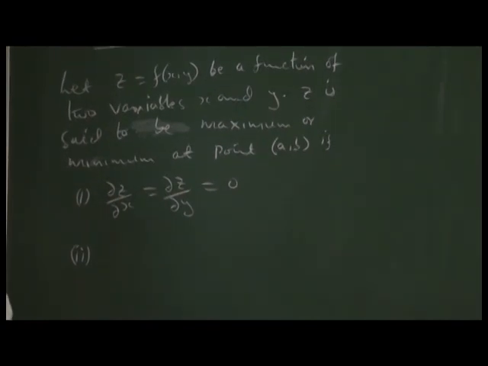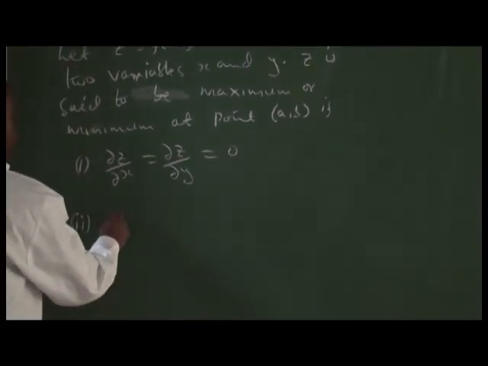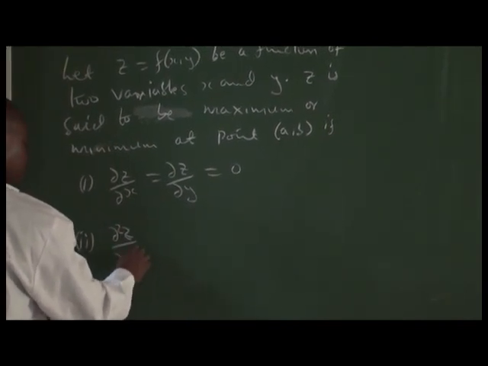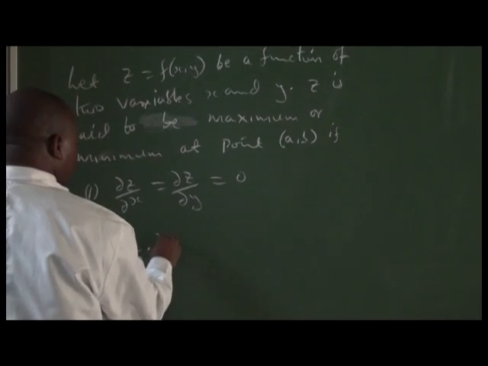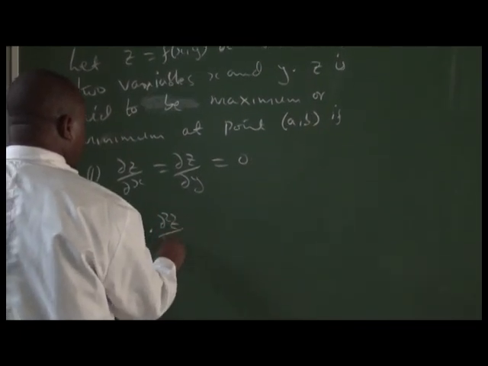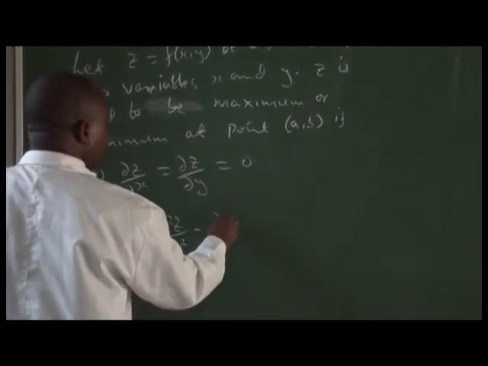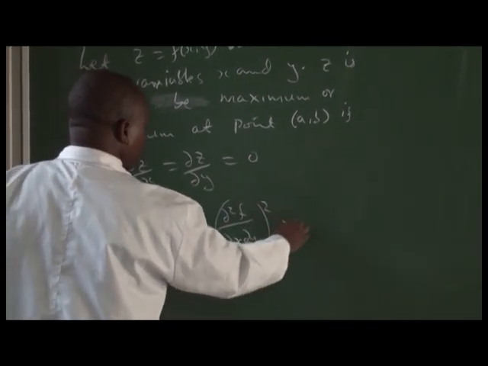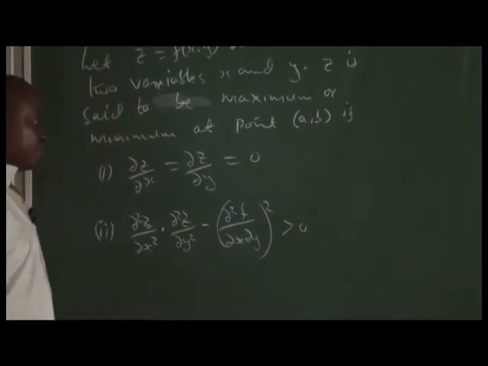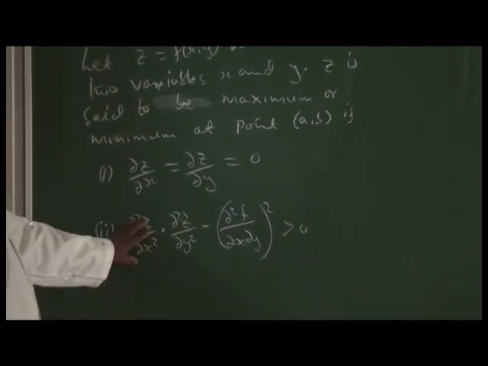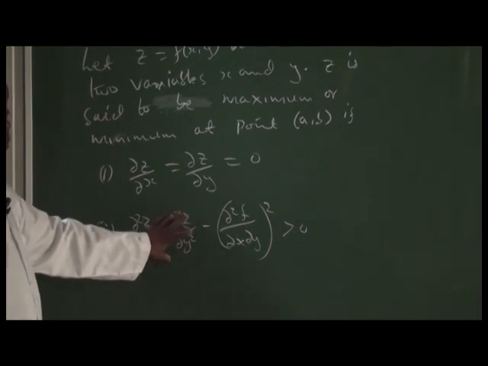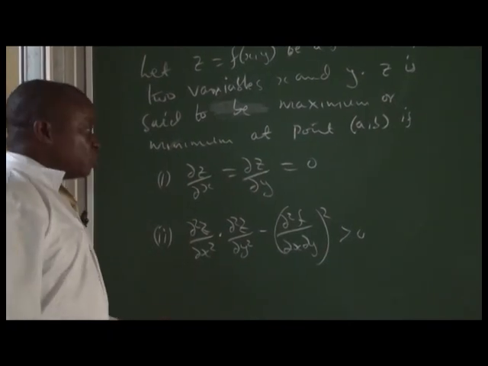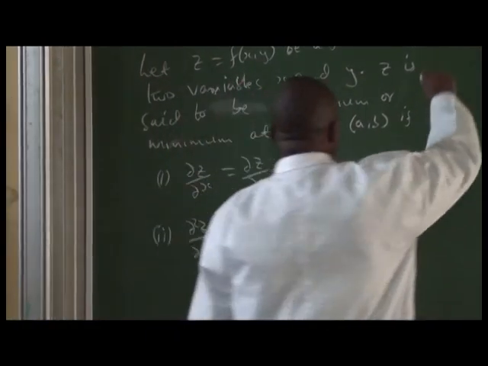Then condition 2 is that partial squared z partial x squared times partial squared z partial y squared minus the square of partial squared z partial x partial y is greater than 0. Now see, if this condition 2 is greater than 0, it means there is a maximum or minimum. So we then test for maximum.